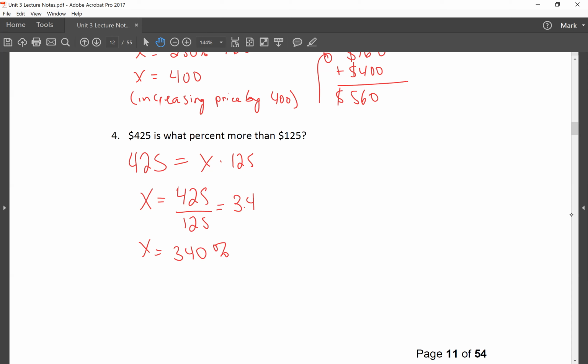Now, if you guys are looking at the answers, by the way, they are on D2L. This isn't the actual answer. This is the total increase. What the question's asking is what percent more is it than the original price? So if you said this on a test, you're almost there. 340, you're so close. 340 is the total new price, or the total increase, we'll say.